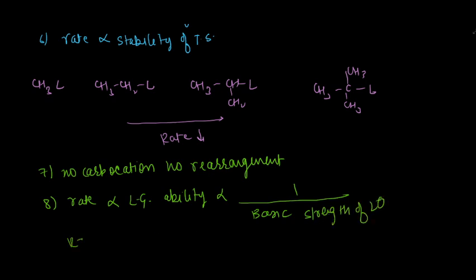So we have RF, RCl, RBr, and RI. HI is a strong acid, so I negative is the best leaving group among these four. So that's the order of the SN2 reaction.